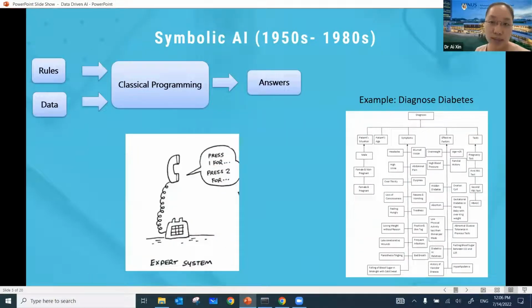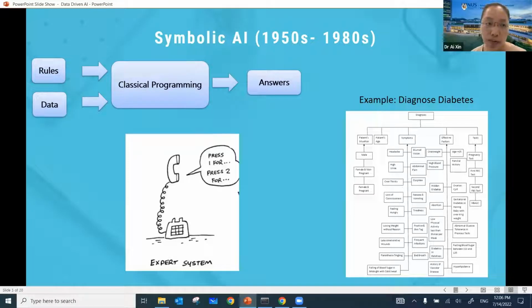So let's start with some history. AI started a long time ago, around the 1950s. In the early stage, AI technology focused on symbolic AI, which is what we call rule-based programs.